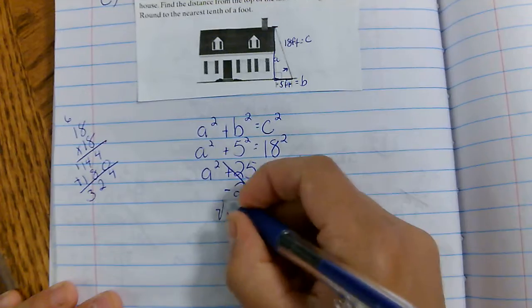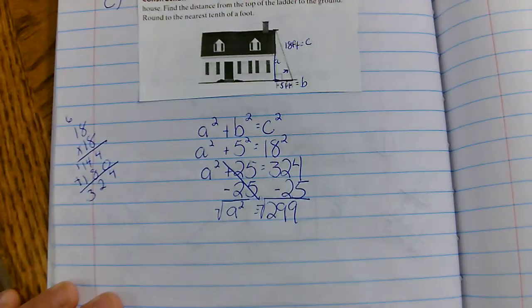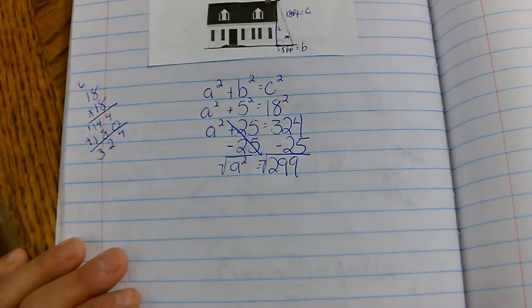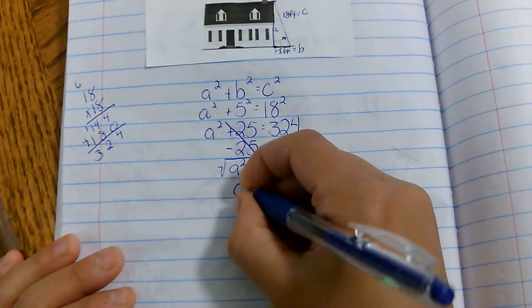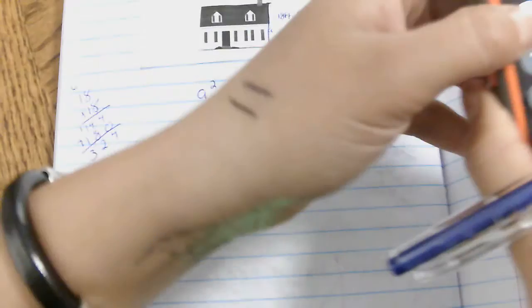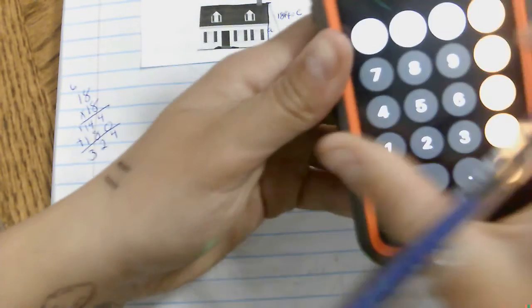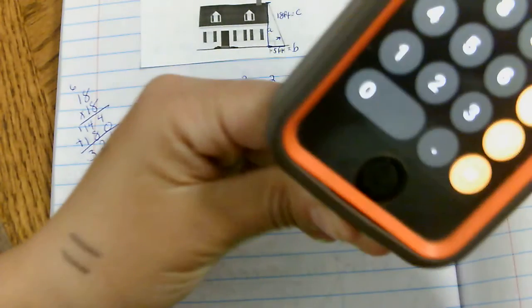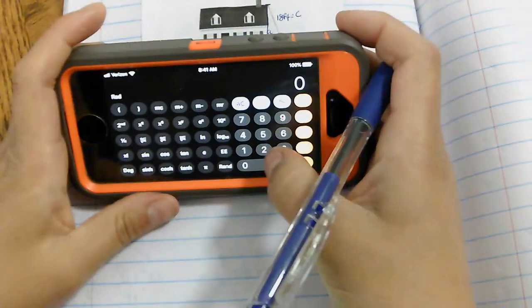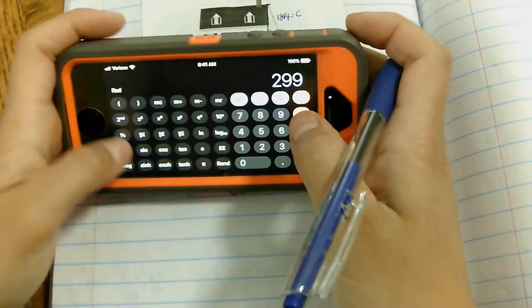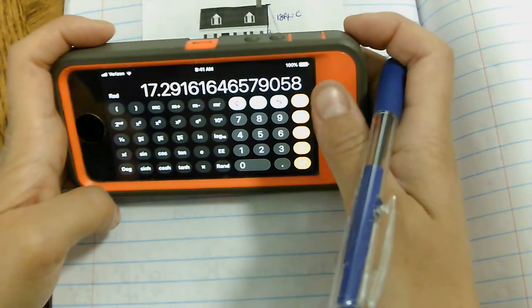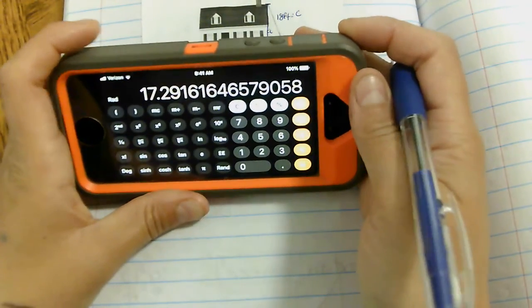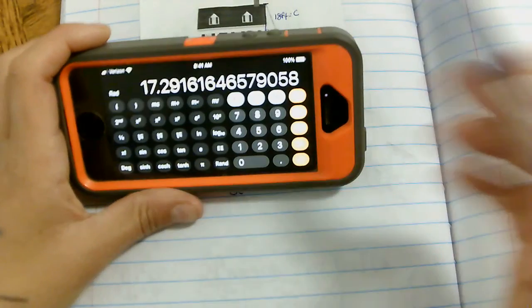I take the square root of both sides. And I'm going to get a long decimal. I'm going to go ahead and plug it into my calculator. Okay. So 299, and we're taking the square root. Ooh, yeah, big long number. It said to round to the nearest tenth, so I'm going to bump that guy up to a 3.